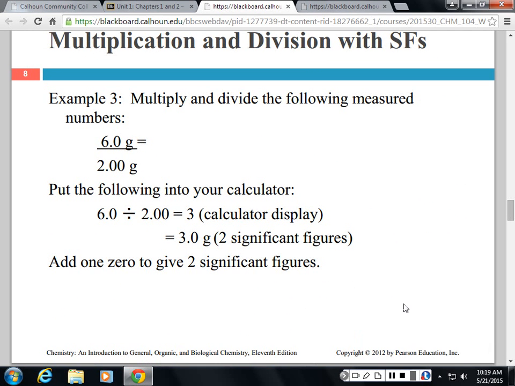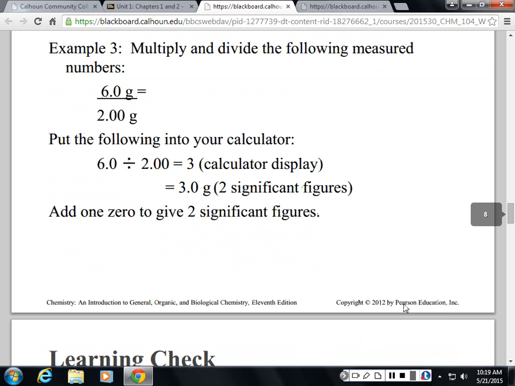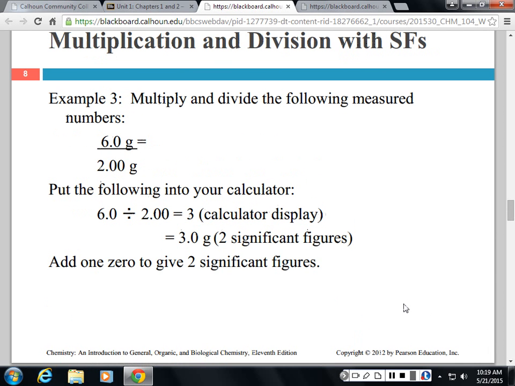Another one here. We've got 6 grams, 6.0 grams, and 2.00 grams. 6.0 is 2 significant digits. 0 after a decimal is significant. So we have 2 significant digits, and we have 3 in 2.00. If we divide those, we get an answer of 3. This is where your calculator is shorthanding the answer.